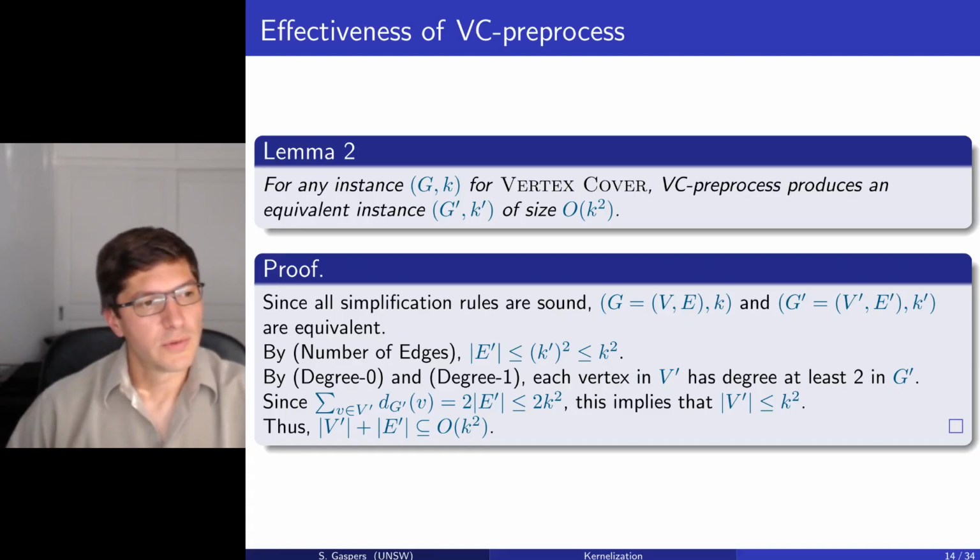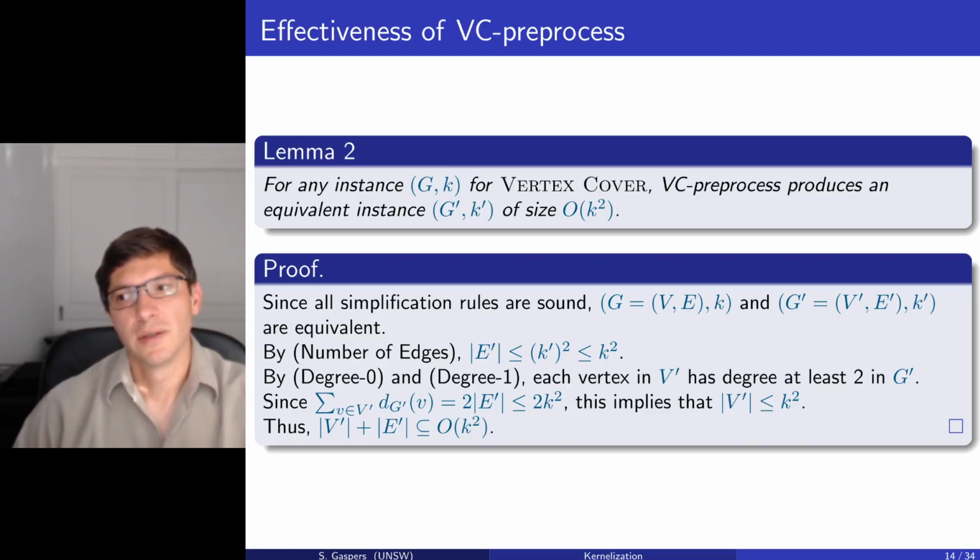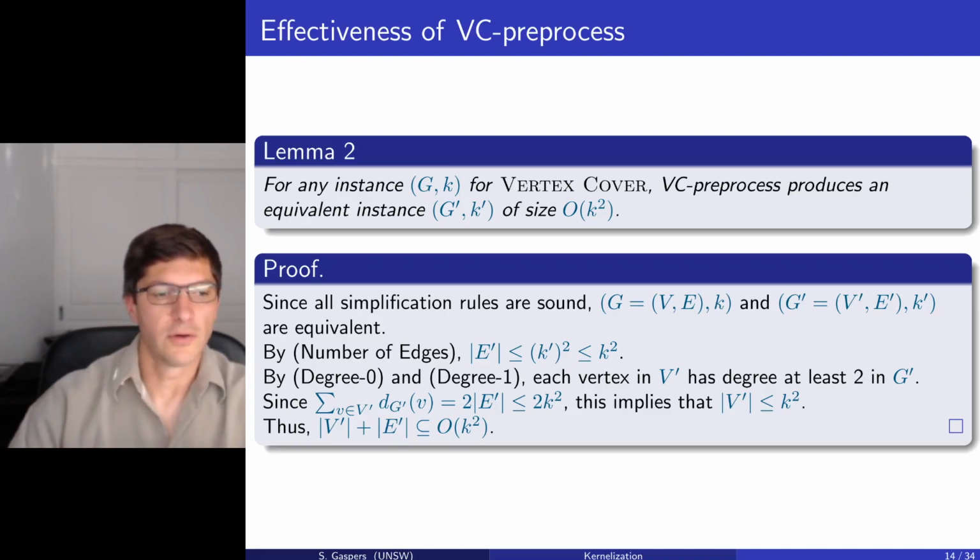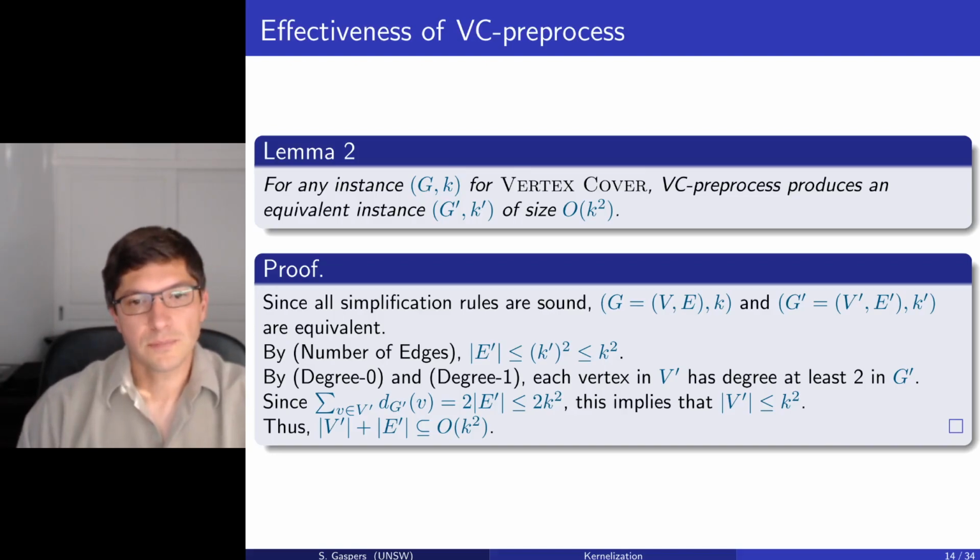Now we also preprocessed, so bounding the number of edges is not enough because, well, in general, we could have lots and lots of degree 0 vertices in our instance. But we preprocessed them, so we got rid of degree 0 and degree 1 vertices.